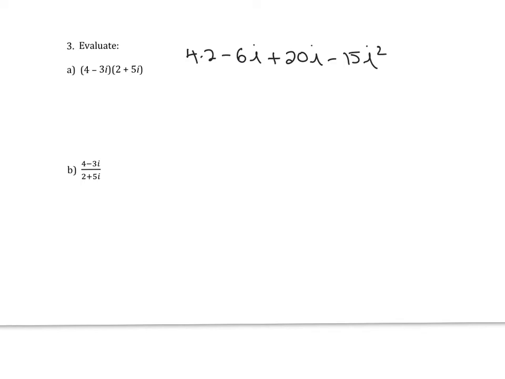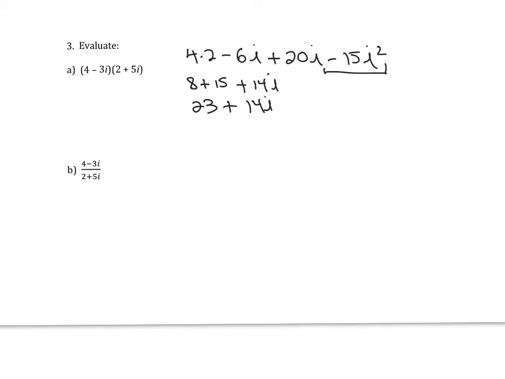And again, we will always end up with just a real term and an imaginary term because this is going to become negative 15 times negative 1. So we end up with 4 times 2, or 8, plus 15, and then these combine to give us plus 14i, so we end up with 23 plus 14i as the product of these two.